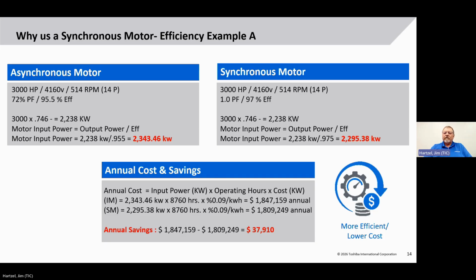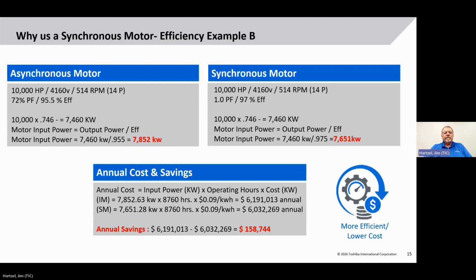So for a smaller motor like this, is it really worth all this for efficiency reasons? There's not a whole lot of savings. However, if we get into the larger motor systems like a 10,000 horsepower and do the same type of calculations, we now come up with about $160,000 in savings.